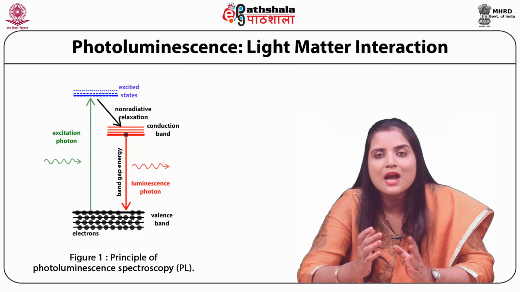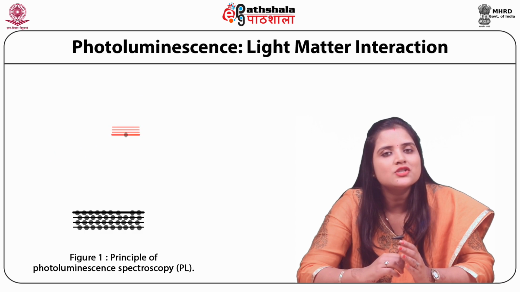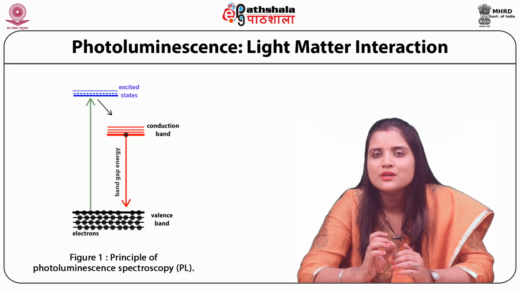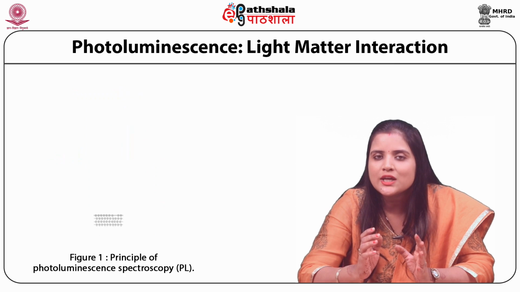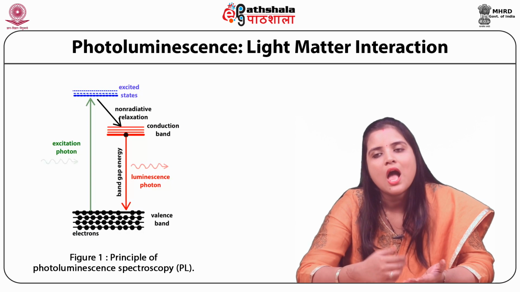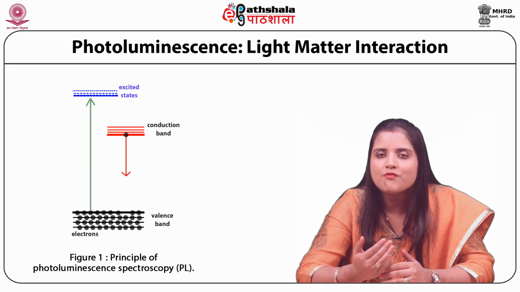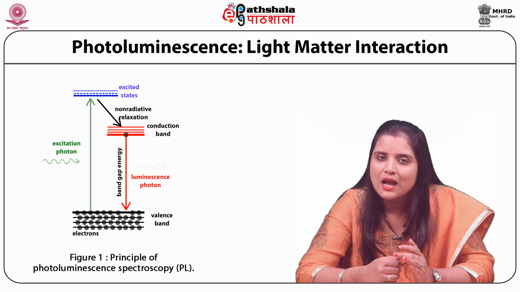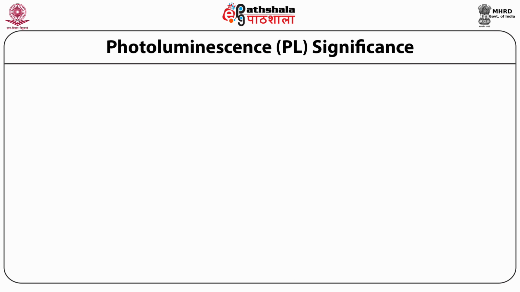The emitted light energy, which is photoluminescence, is linked with the difference in energy of the two electronic states taking part in the transition between excited and equilibrium states, whereas the portion of radiative process decides the quantity of light emitted. Let us discuss the significance of photoluminescence.